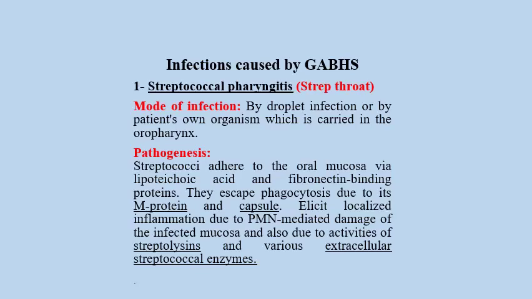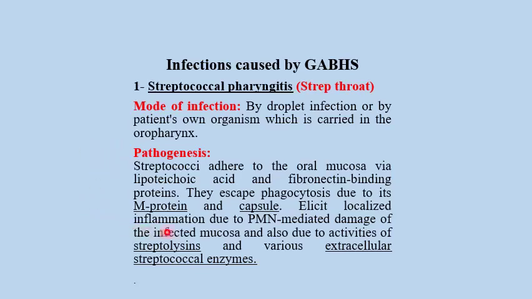The common name is strep throat. The mode of infection is by droplet infection or by the patient's own organism. As we said, it can live as a normal inhabitant in the nasopharynx, so it can be normal flora carried in the oropharynx.